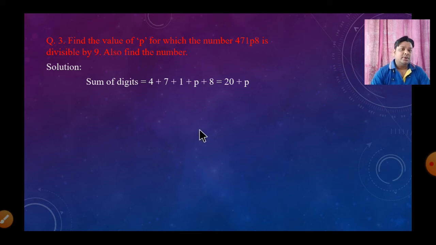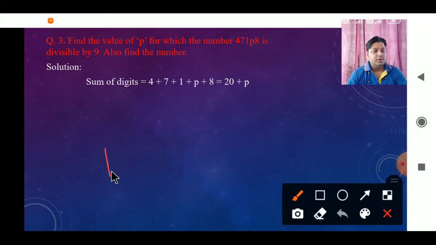Okay, and we can't write all possible values. So you can see, if you look at the table of 9, then 20 plus p means minimum 20. The number less than 20 which is divisible by 9 is what? 9 twos are 18, and 9 threes are 27. Clearly, but here we have 20, and we can't subtract because it is a plus sign.